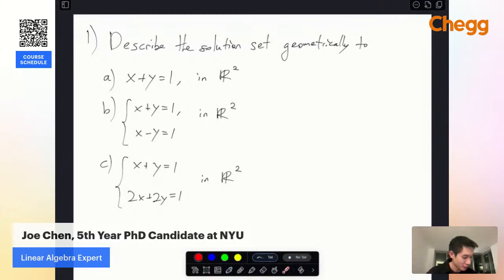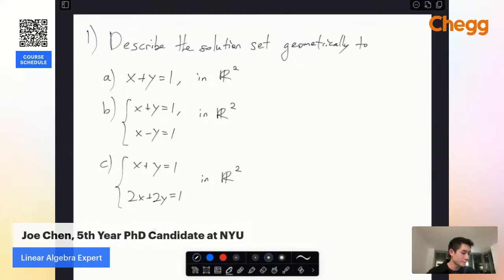Actually, let me use my laser here. So we have x plus y equals 1 as a set in R2, and we would like to describe this geometrically. For all of these questions, I'll try to draw a graph of them to make it even easier to visualize.